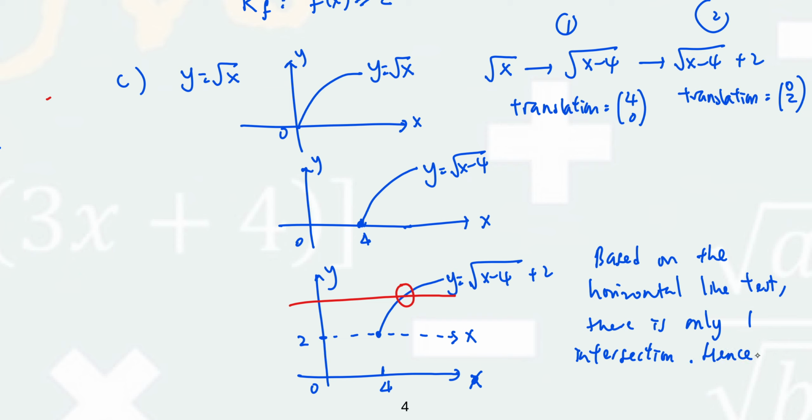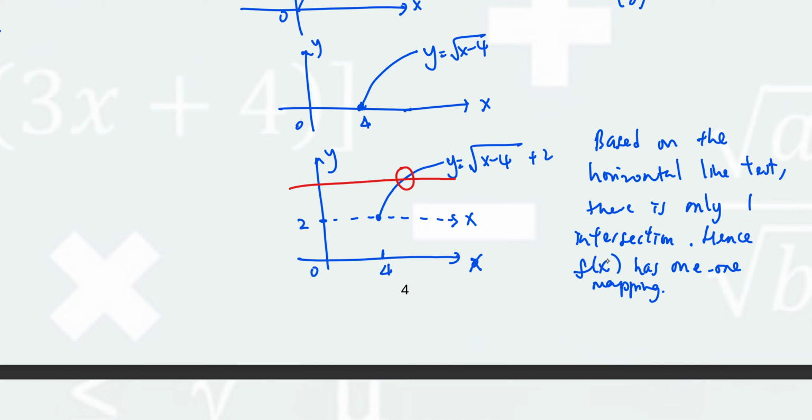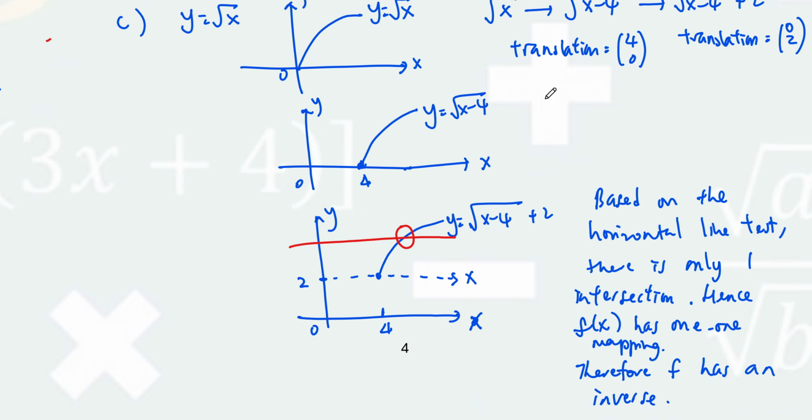Hence, f(x) has 1-to-1 mapping, or f(x) is a 1-to-1 function, up to you. So when it has 1-to-1 mapping, therefore f has an inverse. Okay, so this is how we solve part C.